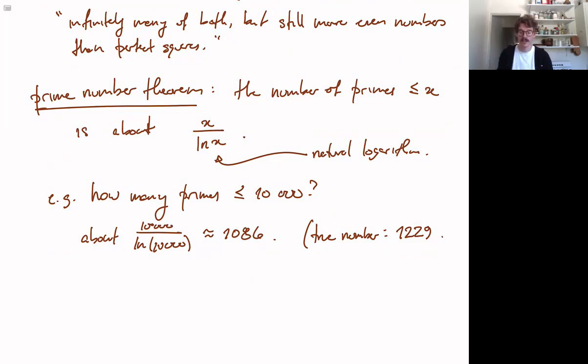Well, I shouldn't say that. Maybe you could have guessed better. But personally, I find it quite hard to just guess off the top of my head how many primes are less than 10,000. And this is getting you well within 20%. You're about 15% off, which is not bad. So let me say not bad.